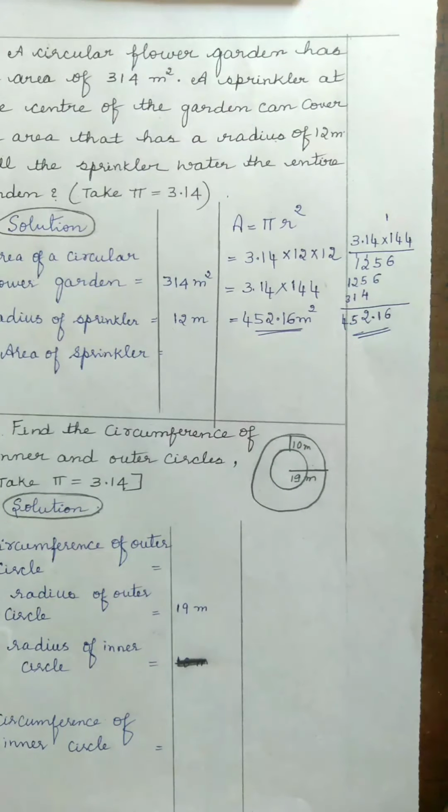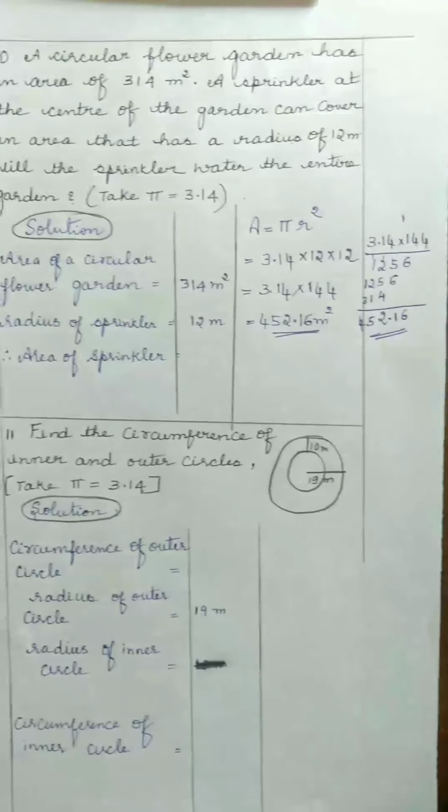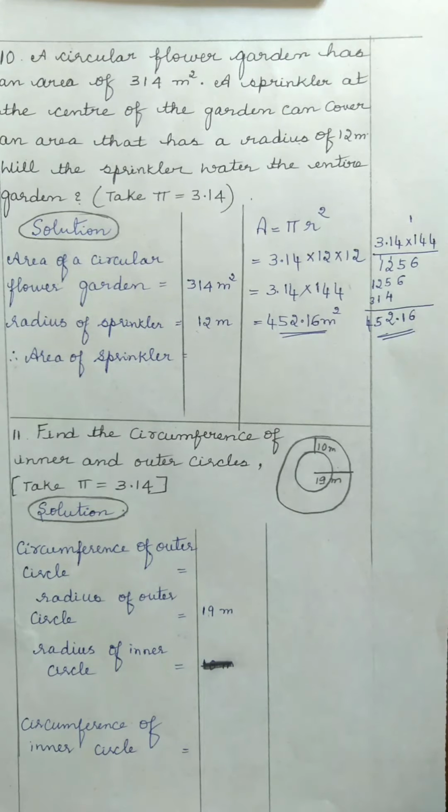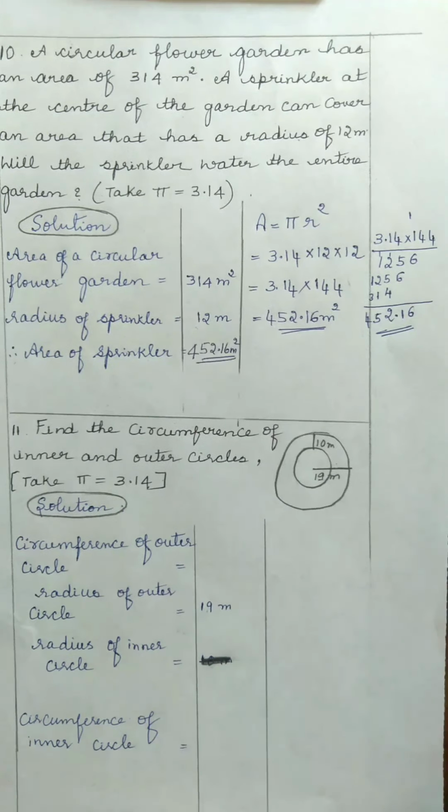452.16 meter square. Therefore children, area of the sprinkler is equal to 452.16 meter square. Now compare the areas of the sprinkler and the area of the circular garden. Therefore, the area of the sprinkler is having the greater value. Therefore, the sprinkler can water the entire garden because the area of the sprinkler is greater, that is almost sufficient to water the entire garden.